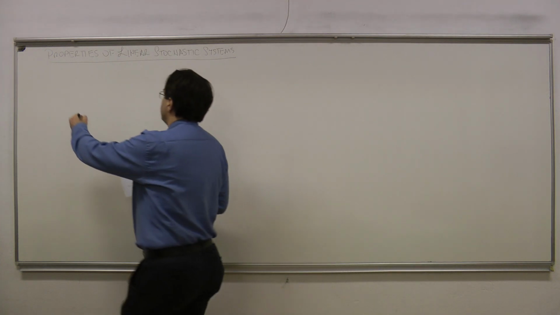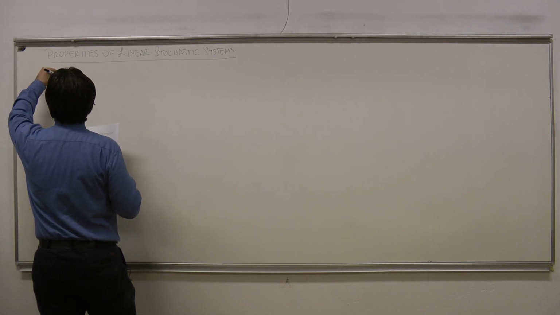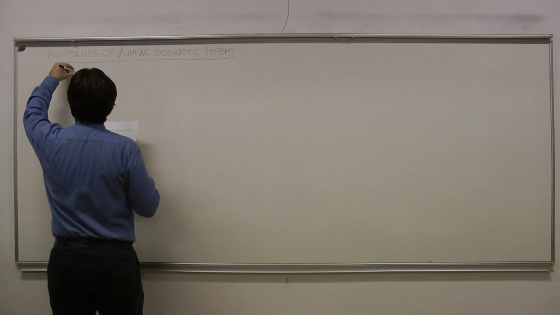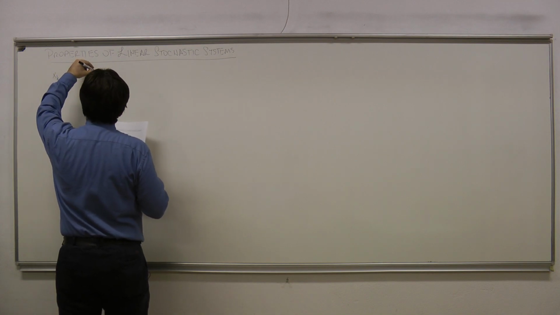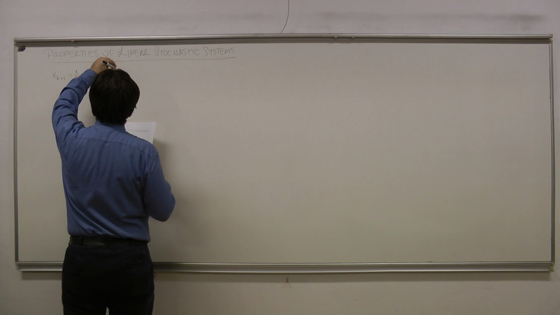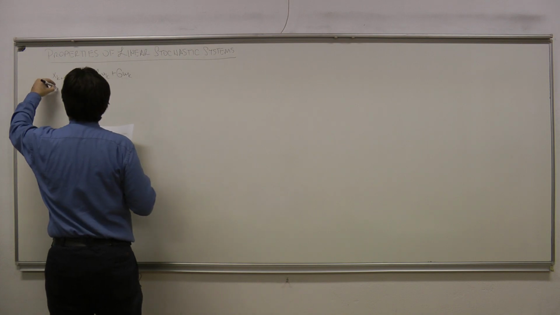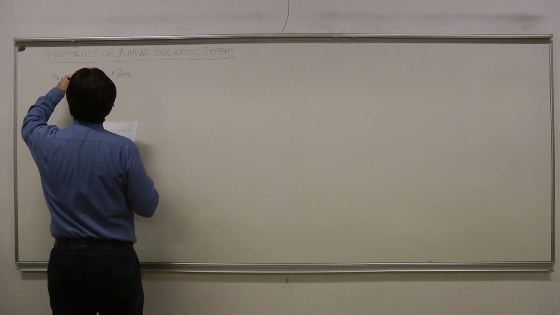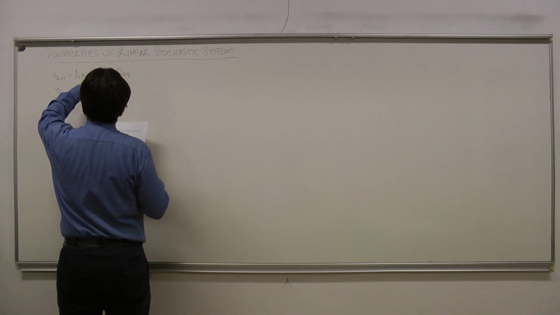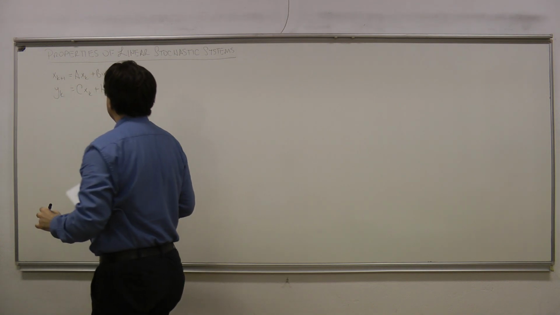So let us write our stochastic system that we're going to be dealing with. So x_{k+1} is equal to A x_k plus B u_k plus G w_k. And I have y_k equals C x_k plus H v_k here.